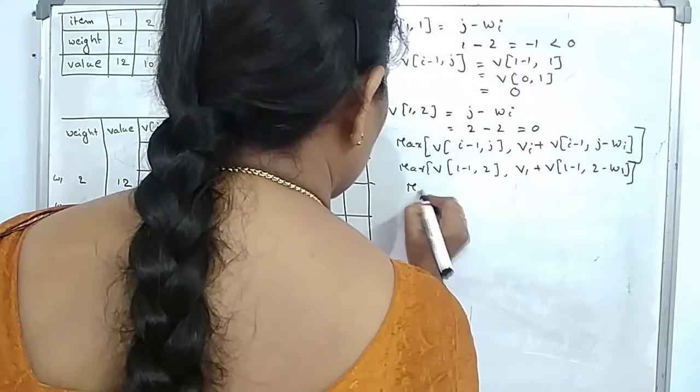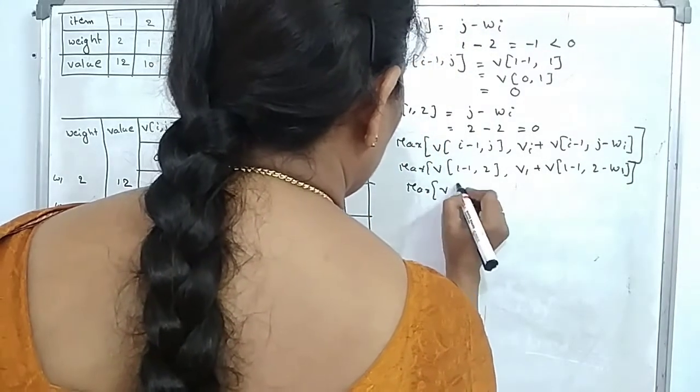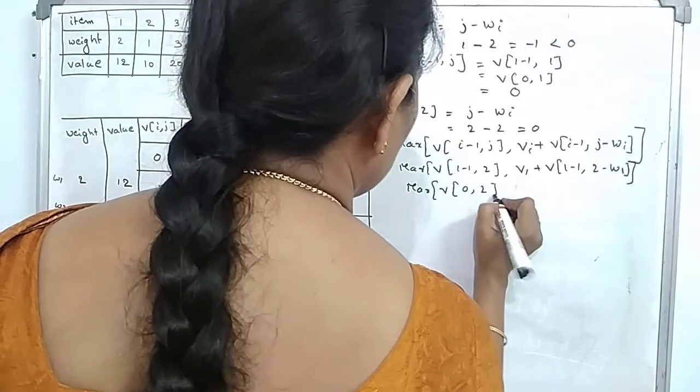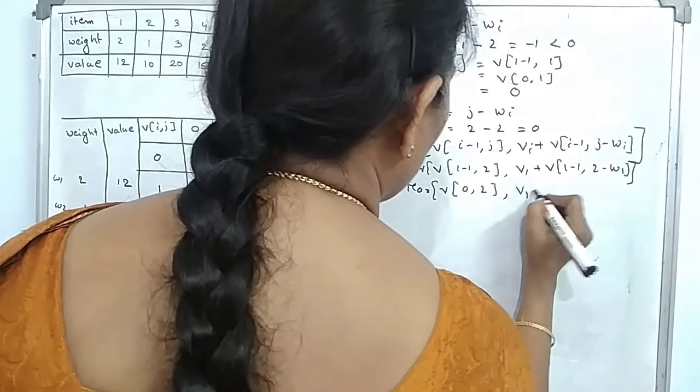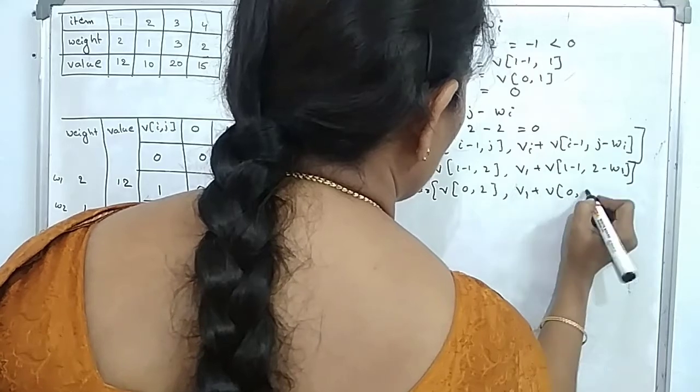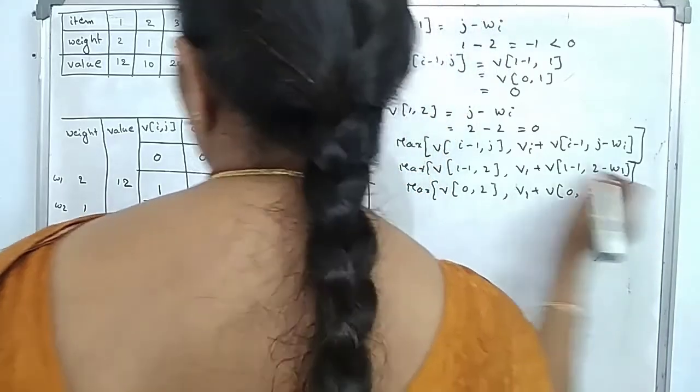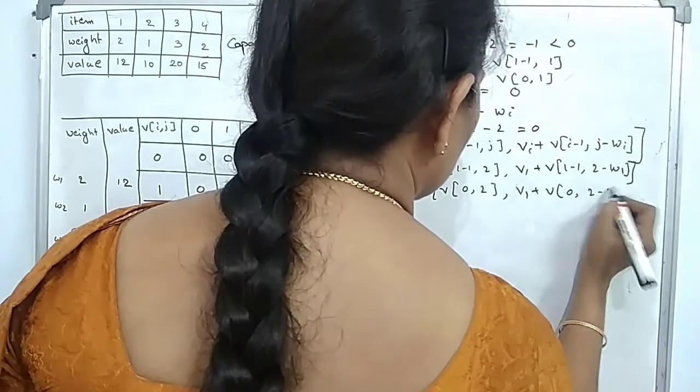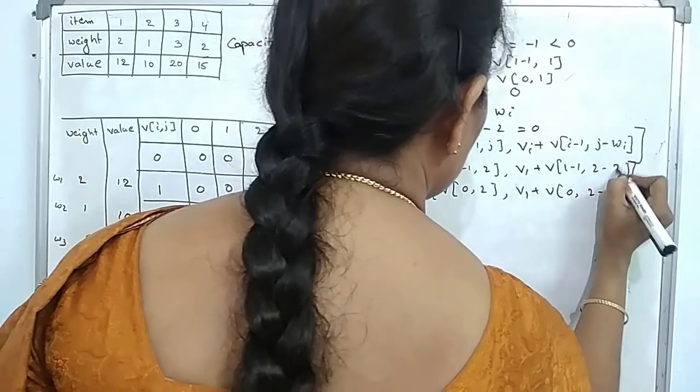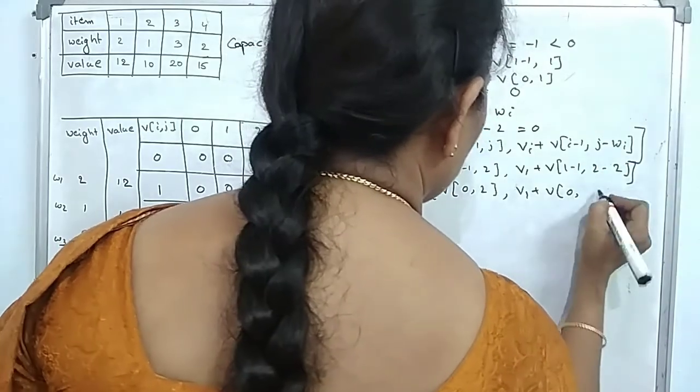So that means maximum of V of 0 comma 2 comma V1 plus V of 0 comma 2 minus W1, which is 2. W1 value is 2. That means V of 0 comma 0.